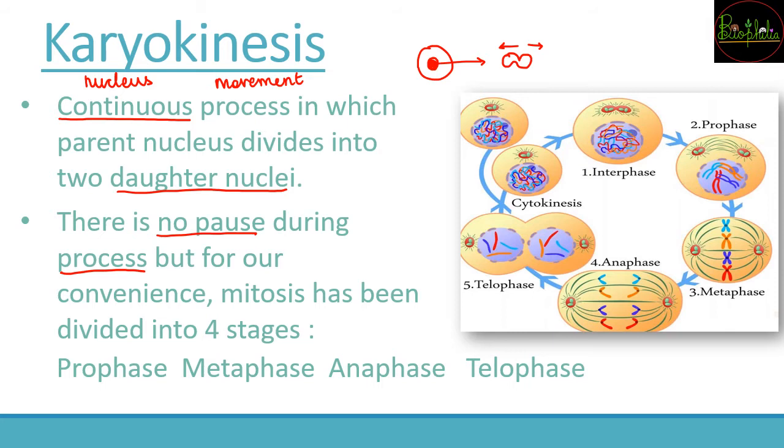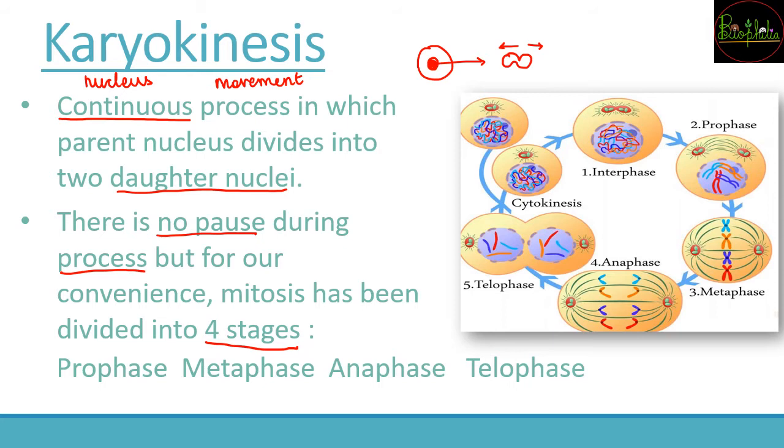Because of that, mitosis seems to take less time, but many things occur in that little time. So for our convenience, let us divide it into 4 simple stages and study them one by one so that the changes in these phases are easier to understand.